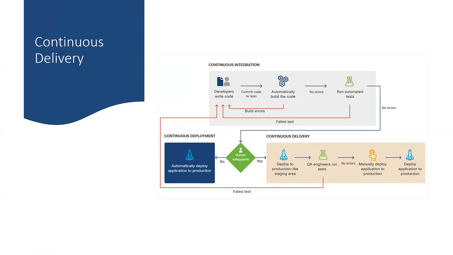If all gating tests pass, tag this build as suitable for deployment. Note that CD does not mean you deploy constantly. That process is called continuous deployment. Continuous delivery ensures that you always have a version that you can deploy. You can also see here that if there are failed tests, the whole code goes back to the developers, so it goes back to CI once again.